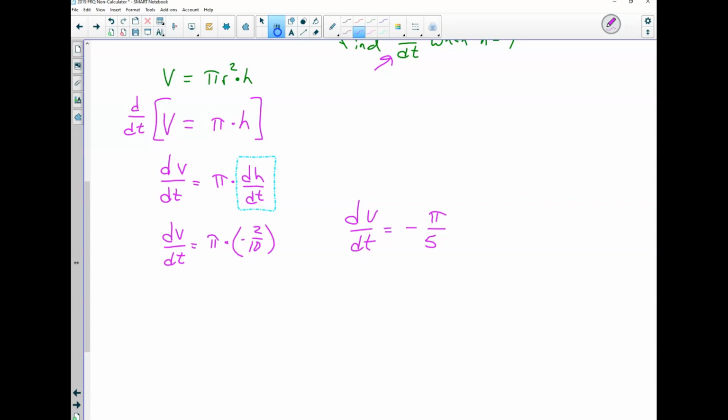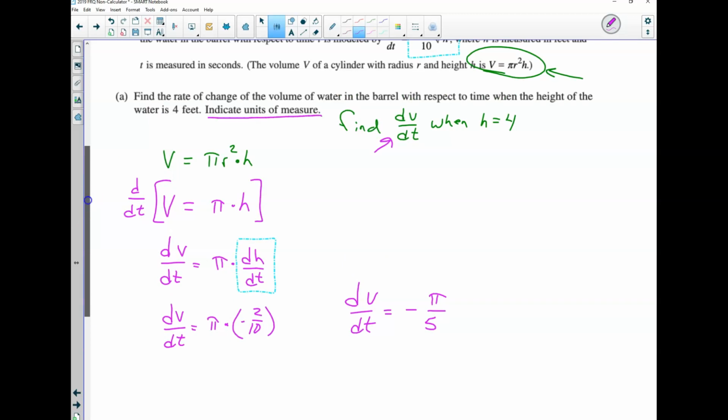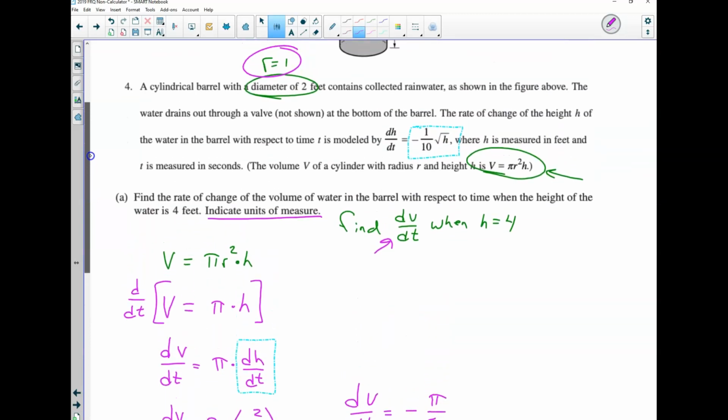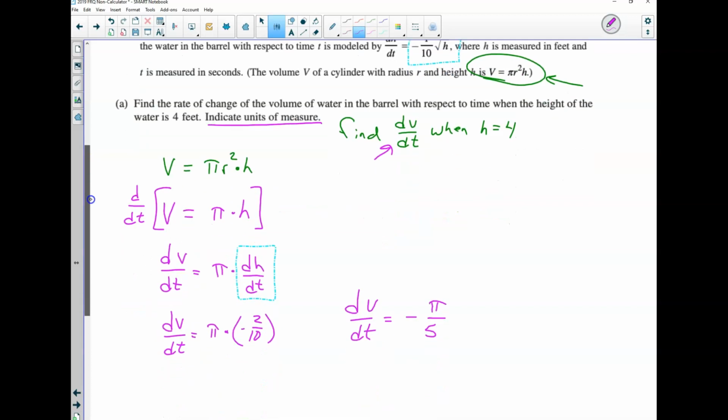Indicate units of measure. Change in volume with respect to time. What is it? Feet cubed. Is it minutes? Seconds.